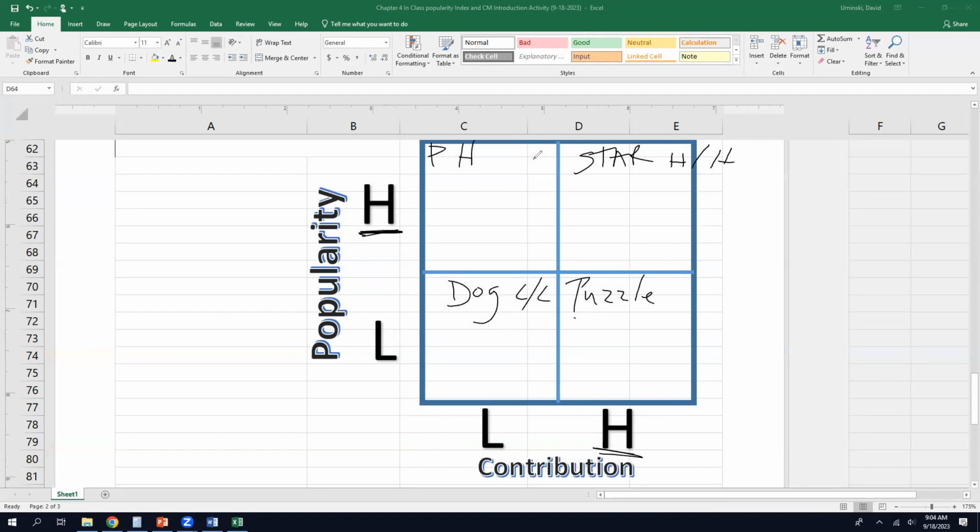Here's how I remember the plow horse and puzzle. Puzzle, another way of using the word puzzle is like confused. So as a restaurant owner, I'm confused why it makes me a lot of money, but I'm confused why it's not popular. It has low popularity, but it makes me a lot of money. So I'm confused as to why it's not popular.